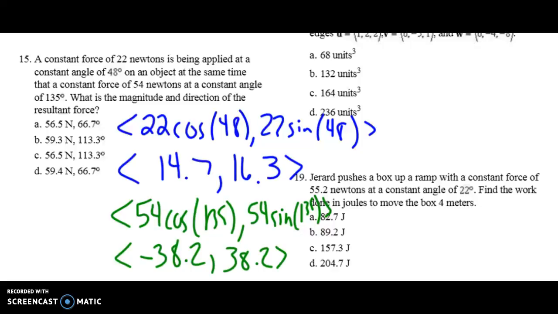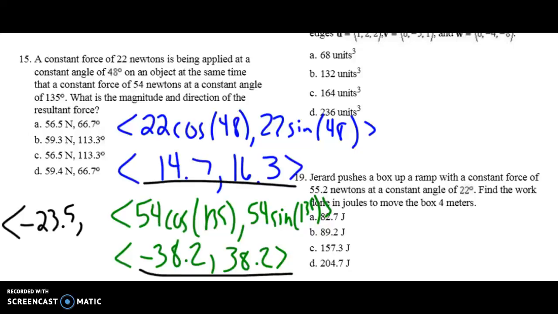Now I take my two vectors and add them together to find my resultant vector. 14.7 plus -38.2 is -23.5. And my y would be 16.3 plus 38.2, which is 54.5.